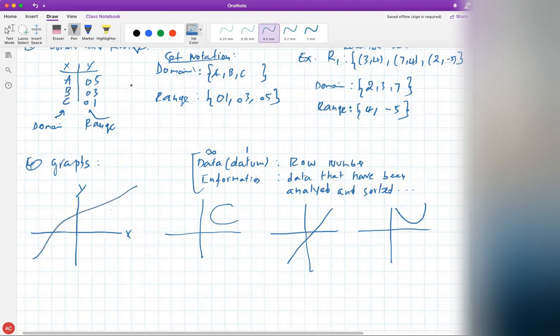Some random graph, it doesn't matter the shape at the moment. It's very easy to tell whether something is a function or not. We do what we call the vertical line test, meaning a line that goes through the graph. How many times does the vertical line meet or intersect with the graph? Anywhere on the graph, how many times will it intersect?